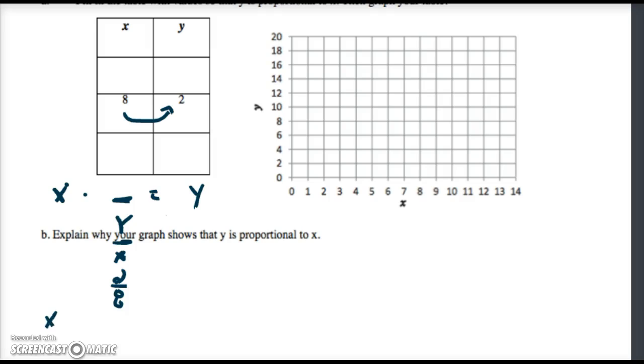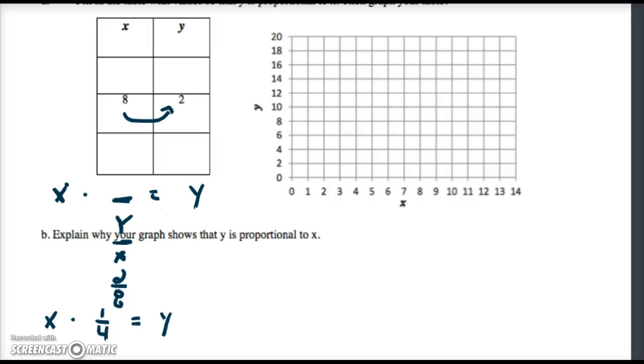We actually have x times 1/4 equals y. And so to multiply by 1/4 is really equivalent to dividing by 4, but a constant is a number that we always multiply by. Well, we have our constant 1/4.